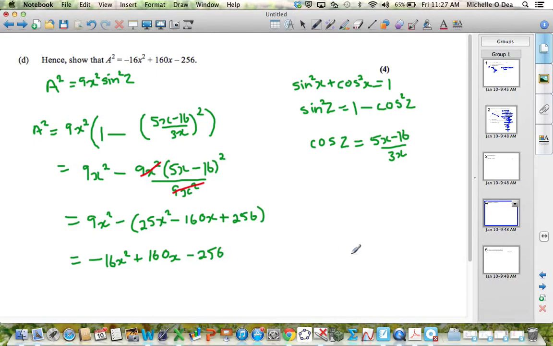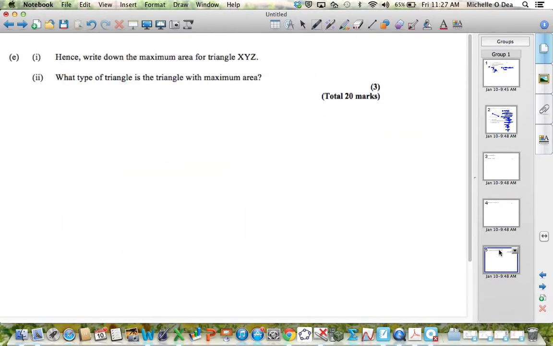Okay. And the very last one requires us to make, again, a lot of connections. Part 1 says, hence write down the maximum area for triangle XYZ. Now, if you notice in part A, y was equal to minus 16x squared plus 160x minus 256.